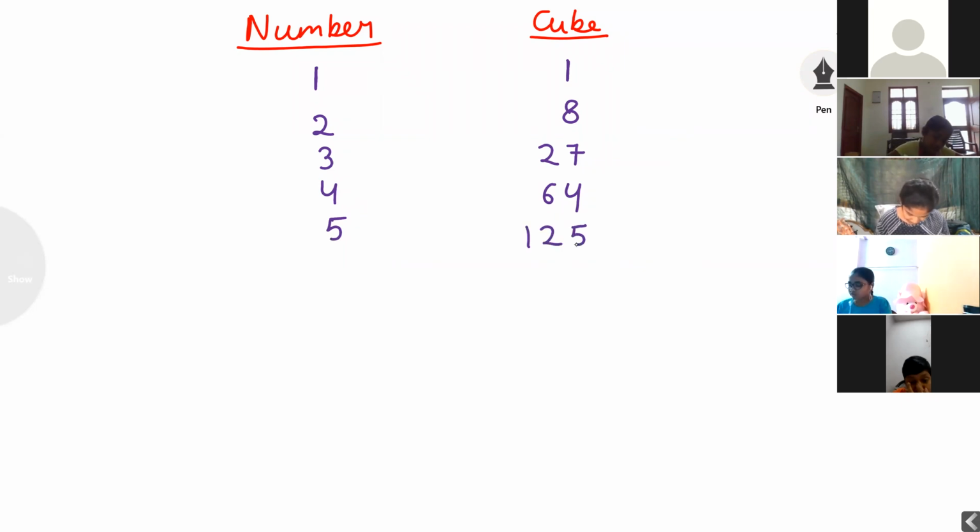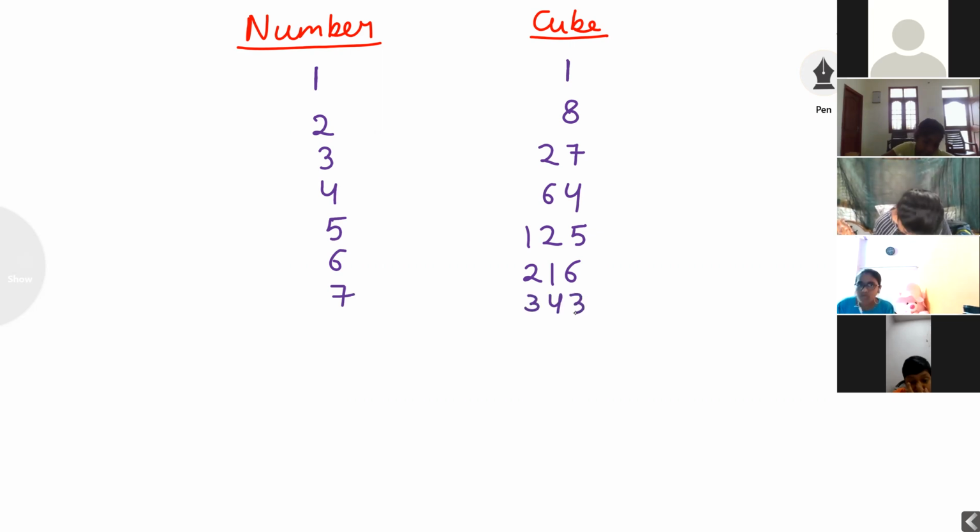Students, are you observing how I am writing? One's place is 1, 8, 27; in the tens place two digits, 64 two digits, 125 three digits. Write properly. Next, 6. 6 6s are 36, 36 6s are 216. Cube of 7. 7 7s are 49, 49 7s are 343.